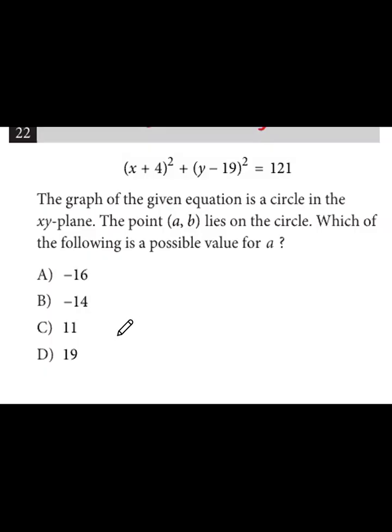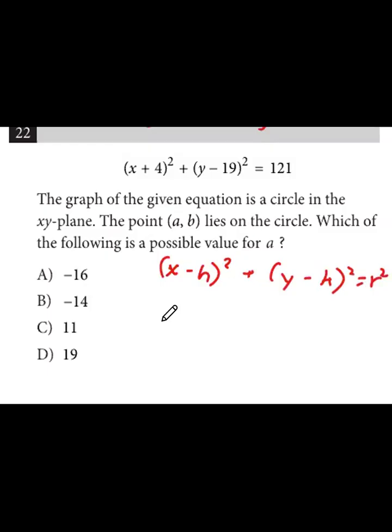Okay, so question 22. We're given an equation of a circle. So in this case, the equation of a circle would just be x minus h squared plus y minus k squared equals r squared.